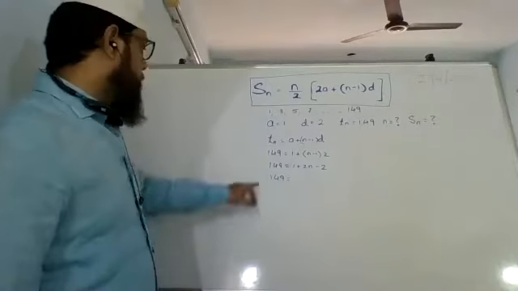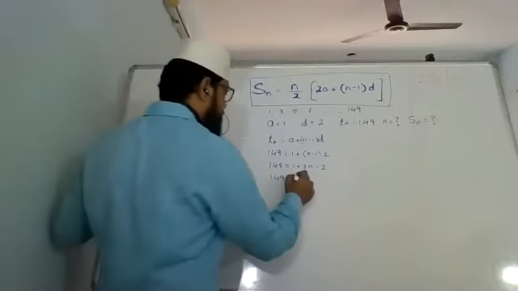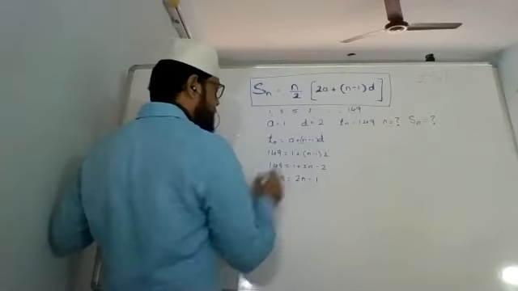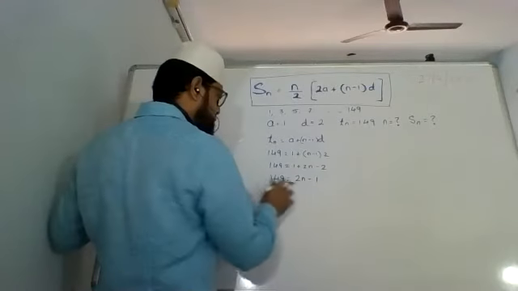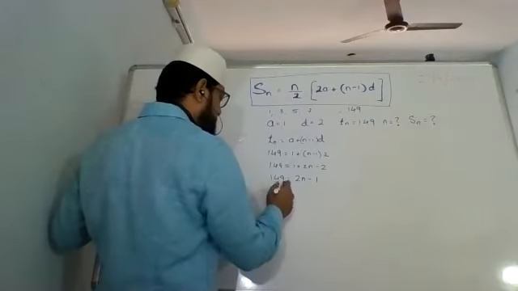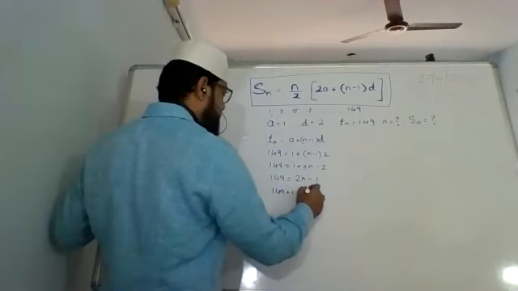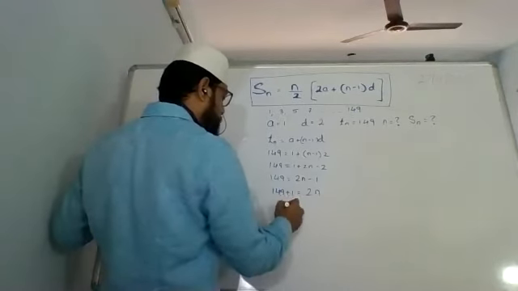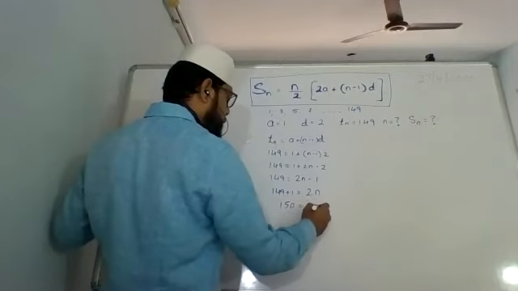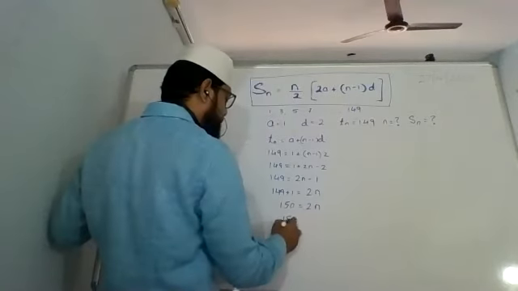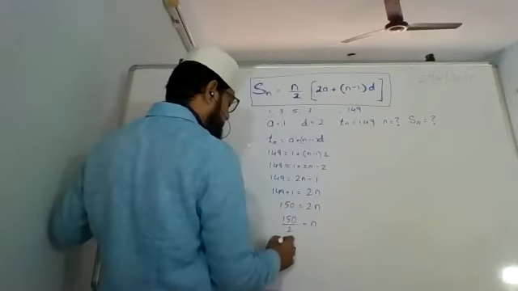So 149 equals 2n minus 1. Bring this minus 1 to this side, it becomes 149 plus 1 equals 2n. 150 equals 2n. 150 upon 2 equals n.